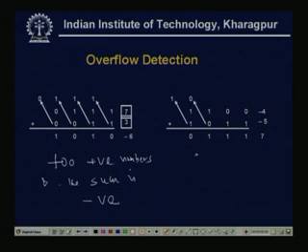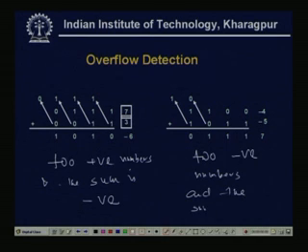Here, two negative numbers and the sum is positive. So, in both cases the overflow occurs.